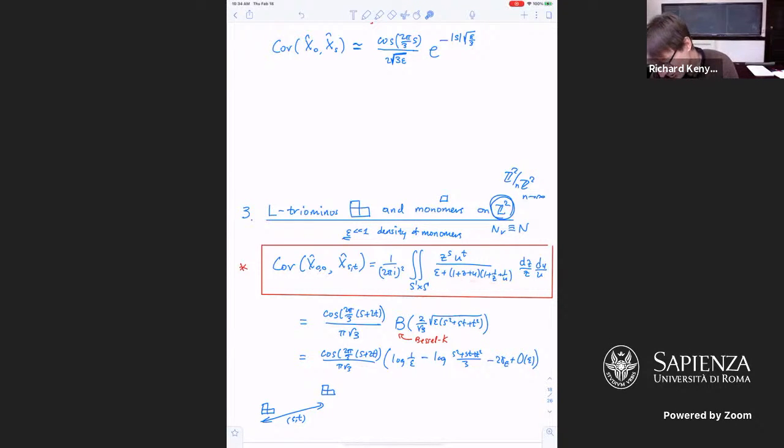And this integral can be worked out as some sort of Bessel function. And there's still a periodic prefactor, which is a periodic function of the position s and t. But then this Bessel function in the limit epsilon goes to 0 looks like log epsilon plus some lower order terms.